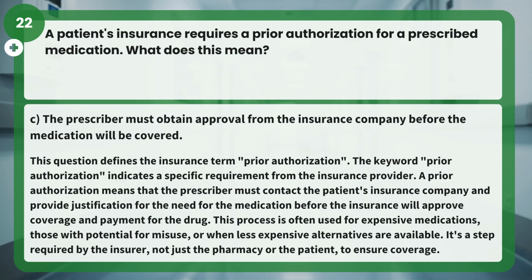A prior authorization means that the prescriber must contact the patient's insurance company and provide justification for the need for the medication before the insurance will approve coverage and payment for the drug. This process is often used for expensive medications, those with potential for misuse, or when less expensive alternatives are available. It's a step required by the insurer, not just the pharmacy or the patient, to ensure coverage.